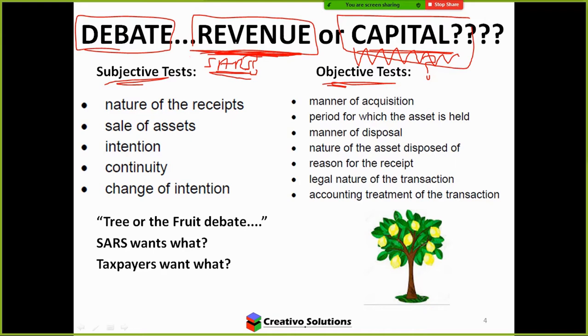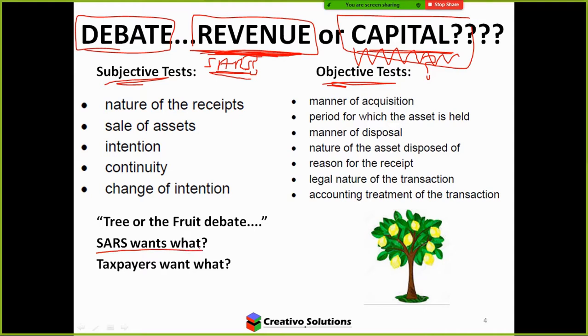But there's always going to be a debate in terms of what it actually is. Is it actually revenue or is it actually capital? And then sometimes you've got to apply these tests, both subjective and objective, to establish whether it is capital or revenue.